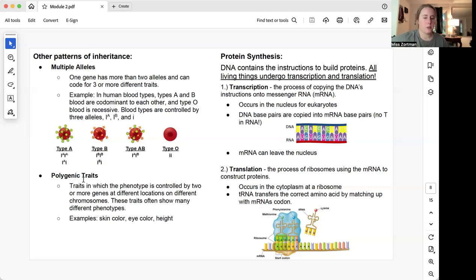So that's why people and families can be such varying heights, because they're inheriting 6 different genes that are determining their height. So it's not just one gene that tells you everything about your height. There's a bunch going on there, and so there's going to be many different influences in those situations. Same with skin color, eye color. It's a lot more complicated than just looking at one gene.